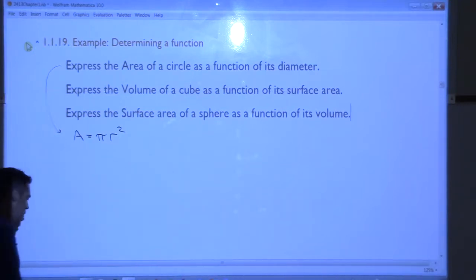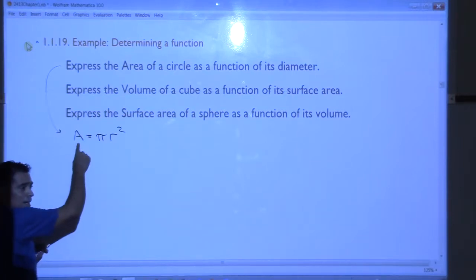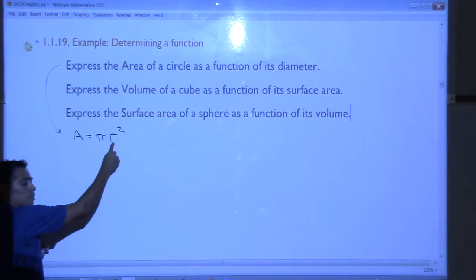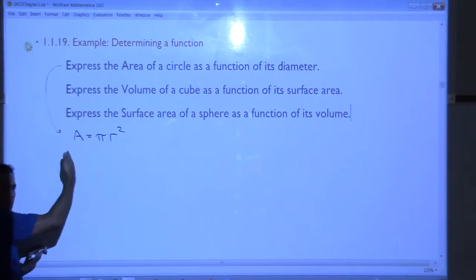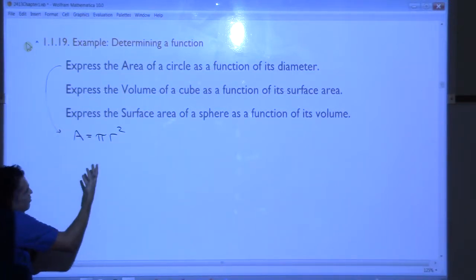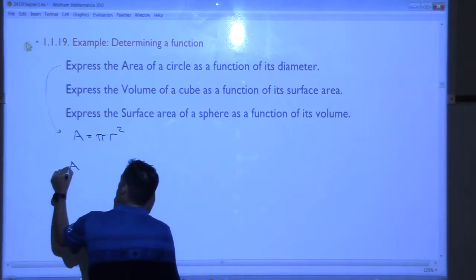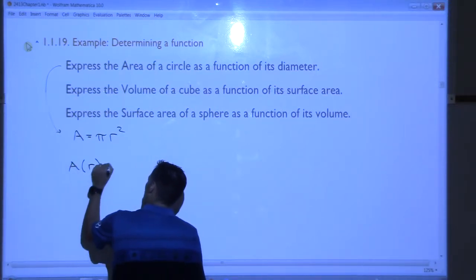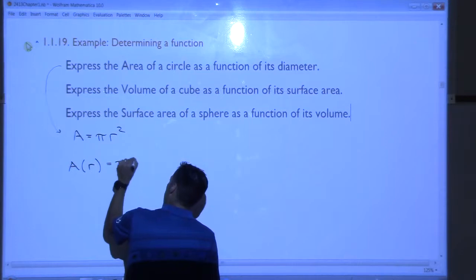Right now, you could say that the area is a function of the radius. Since A is isolated, if someone were to supply us with a value for r, we would be able to determine the value of A, right? So you could write this as A(r) = pi r squared.